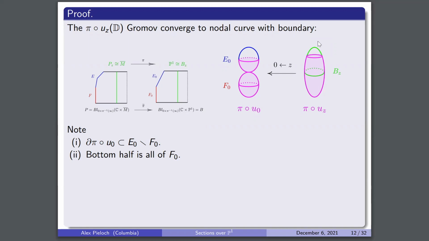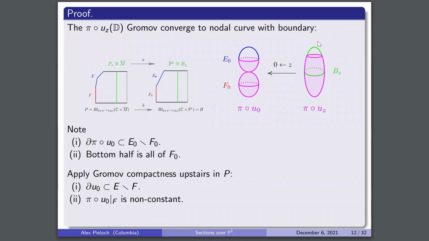Okay, so as I stated, the boundary is completely contained away from F0, and we get something that completely covers F0. So now we just apply Gromov compactness upstairs. Okay, so we do the same thing upstairs, and by Gromov compactness, whatever happens upstairs has to converge to whatever is occurring downstairs. So again, it converges to some nodal holomorphic disk. Its boundary is completely contained away from F. But also, we knew that we had a copy of P1 that covered all of F0.